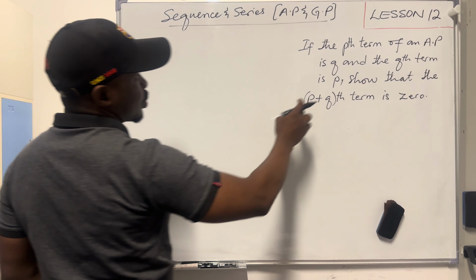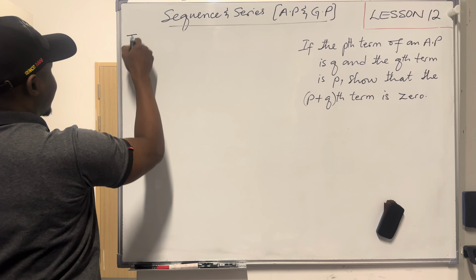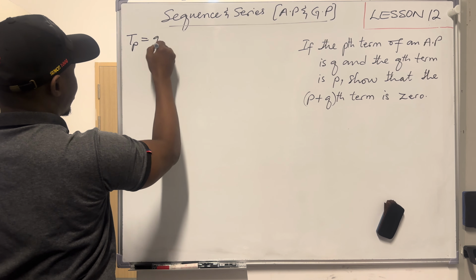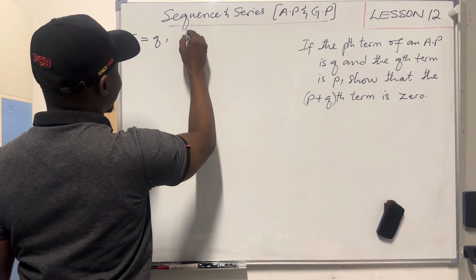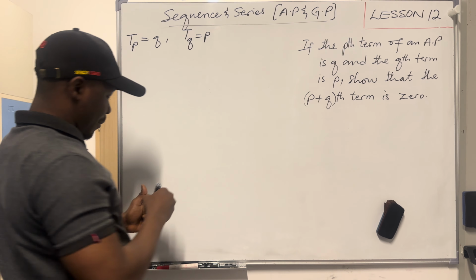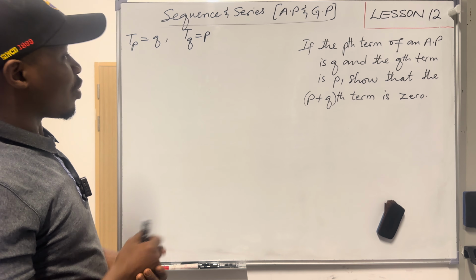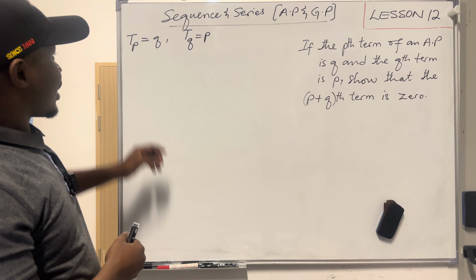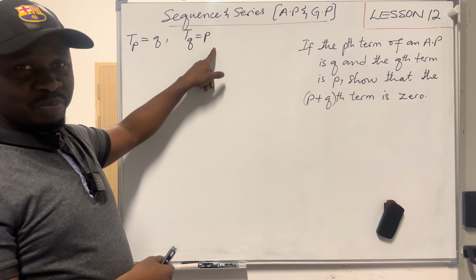Alright, we are told that the pth term is Q and the qth term is P. So it is like the reverse: the pth term is Q, the qth term is P.